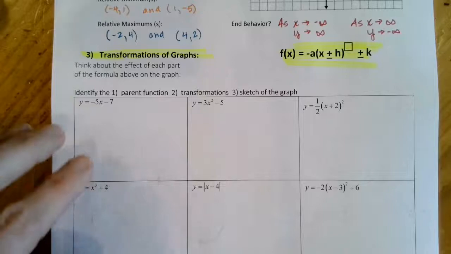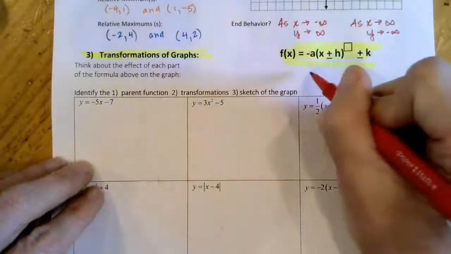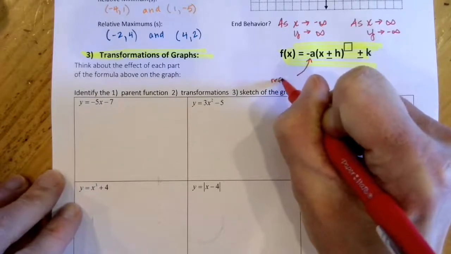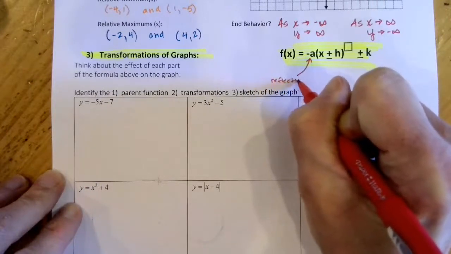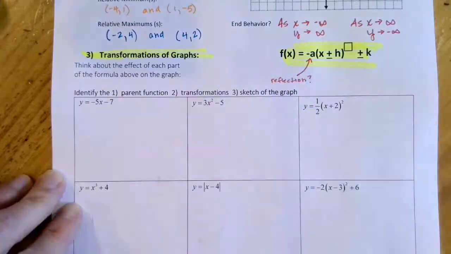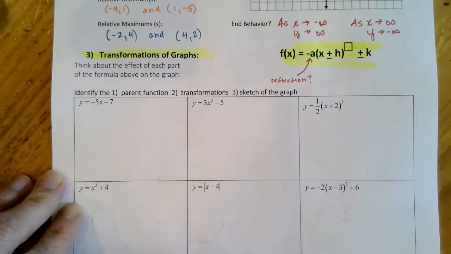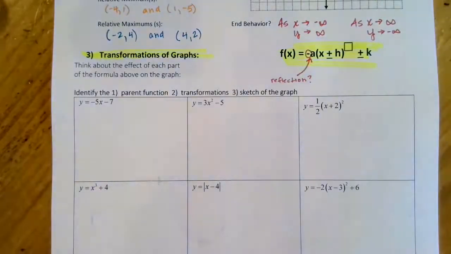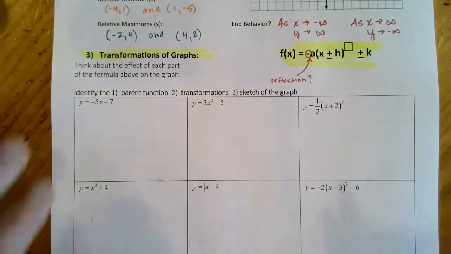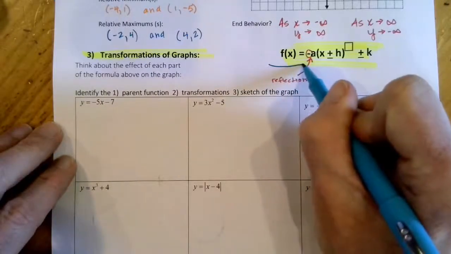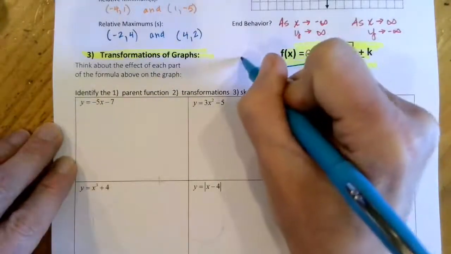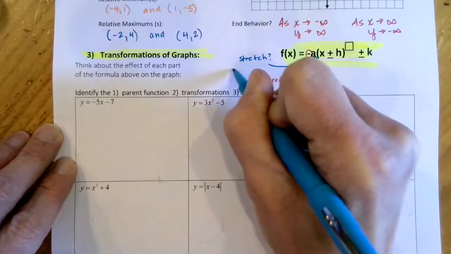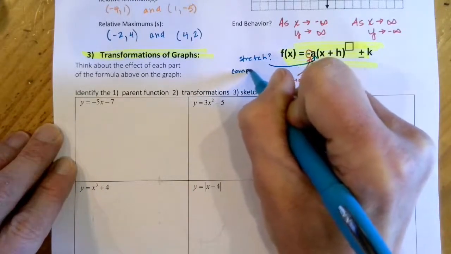So here we go. When I look at this first value, that's going to tell me, am I upside down? Am I reflected? Is there a reflection going on? And that's what this negative value will tell you about. When I look at this A, and cross my little arrows here, this tells me whether I have a stretch or whether I have a compression.